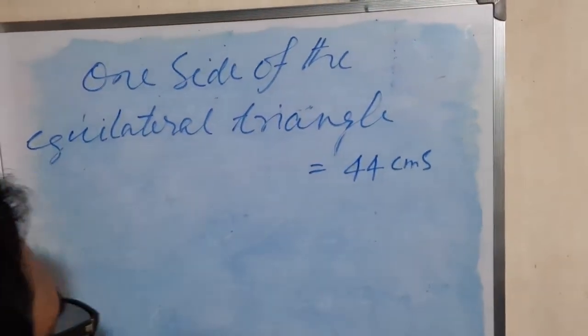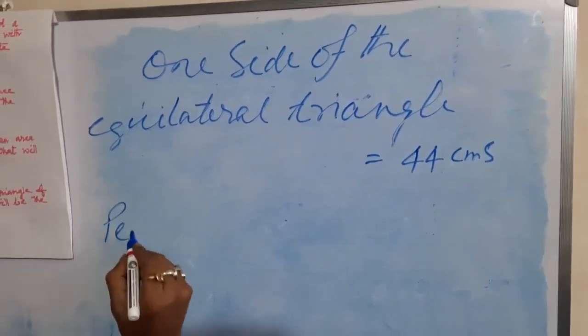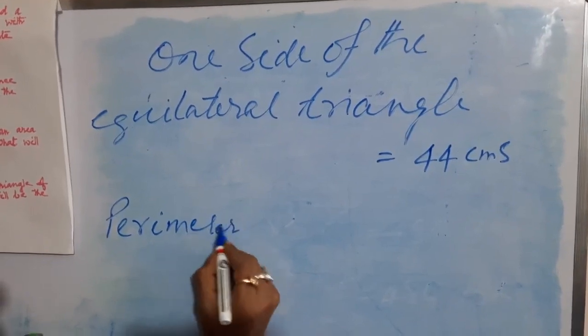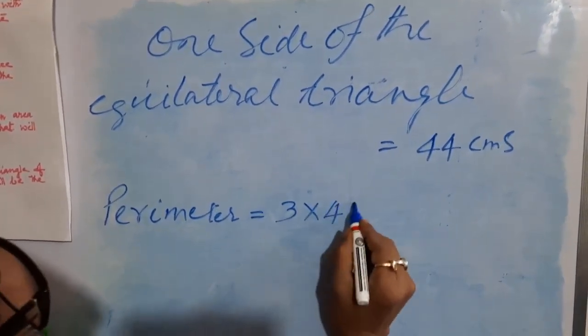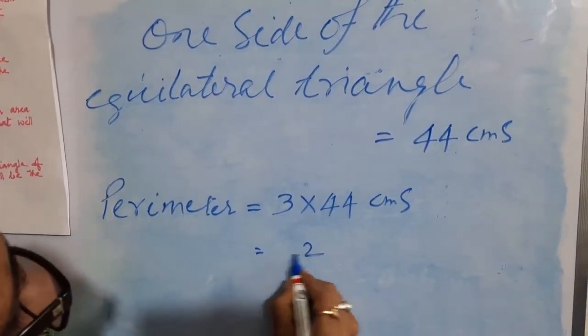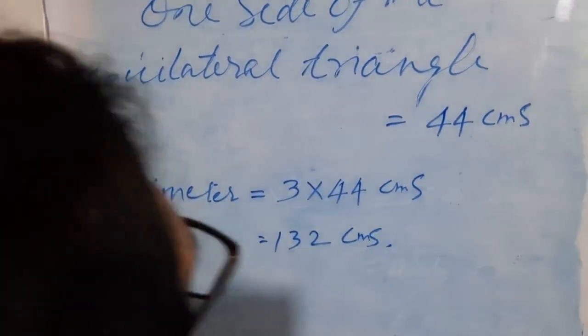Therefore, the perimeter of the equilateral triangle is equal to 3 into 44 centimeters, 132 centimeters.